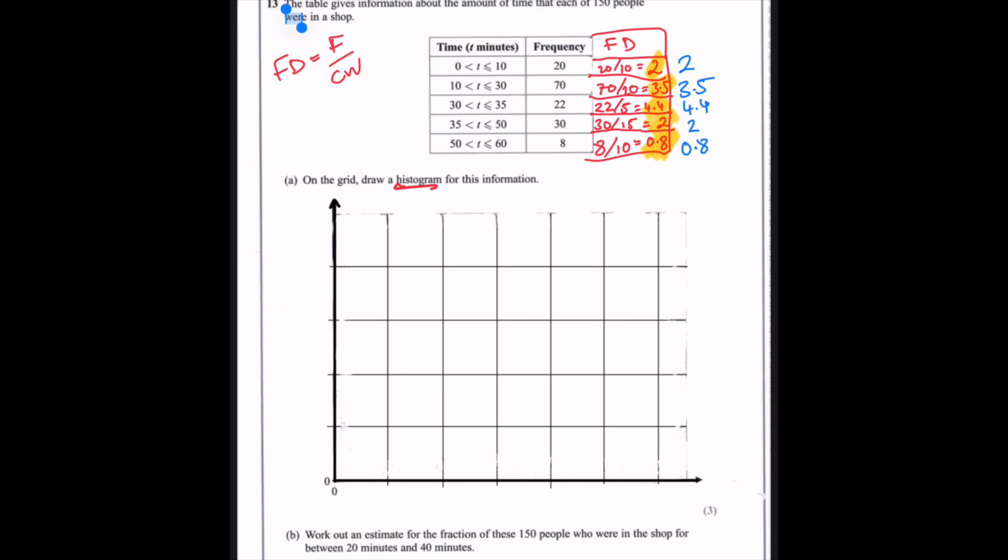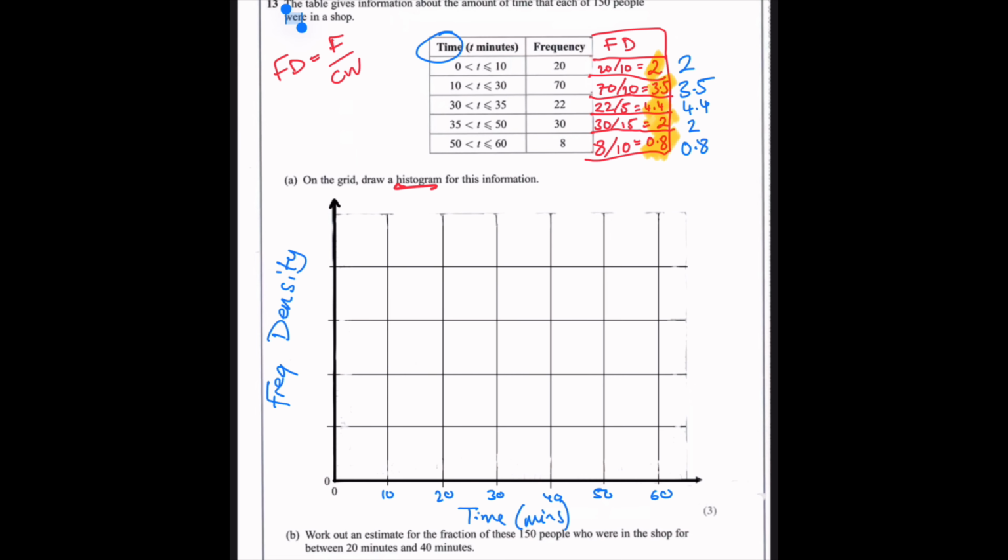So to plot a histogram, we're going to plot frequency density here, frequency density on this side, and on the other side we're going to plot whatever our variable is, which is time in minutes. Okay, so time goes from 0 to 60, so I'm going to line that up: 0, 10, 20, 30, 40, 50, 60.